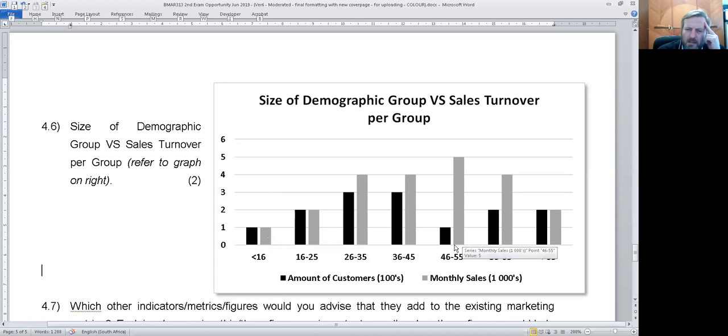Obviously, the basket size on the other ones is exactly the same, because it's the same in this group too. So our first point is that we need to ensure that people's basket sizes are bigger. How do we ensure that people buy more than 10 Rand of goods and go out the store?